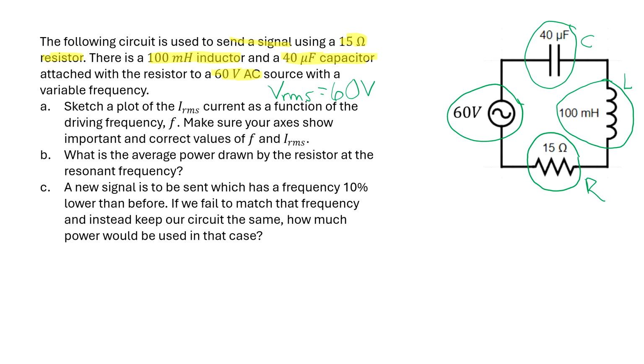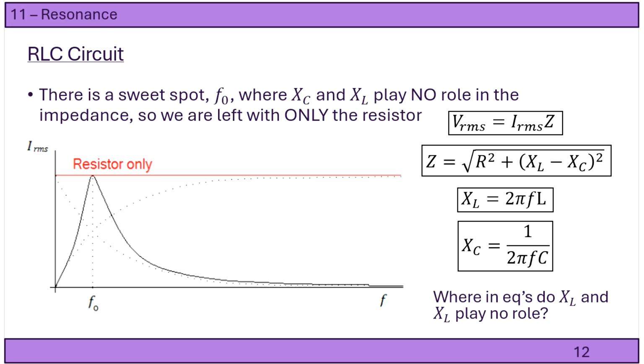So, especially with problem A, you kind of just have to know the answer. This is an LRC circuit, and so this is all about resonance. This kind of a slide should be sticking out in your head, slide 12 from notes 11, that if we have an LRC circuit, it's going to have a peak. This F naught is going to be a resonant frequency, which you can find with the equation F naught equals 1 over 2 pi root LC.